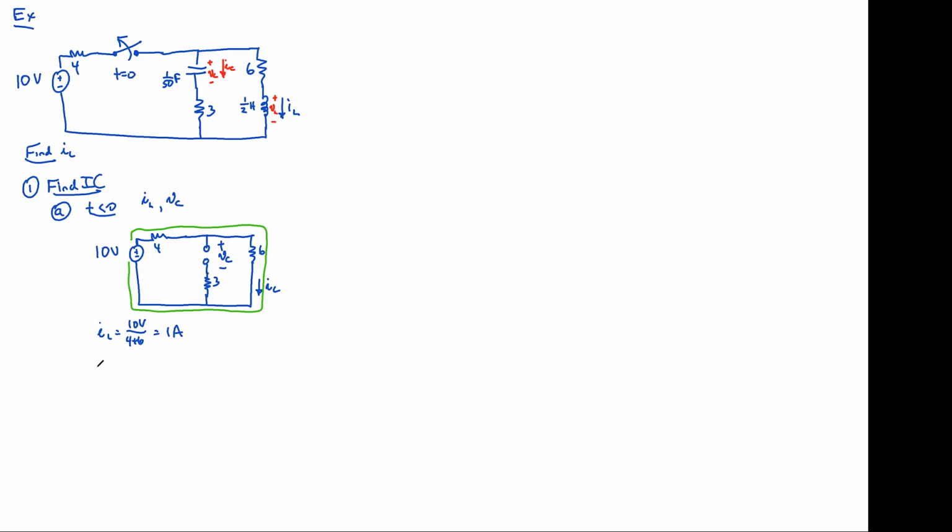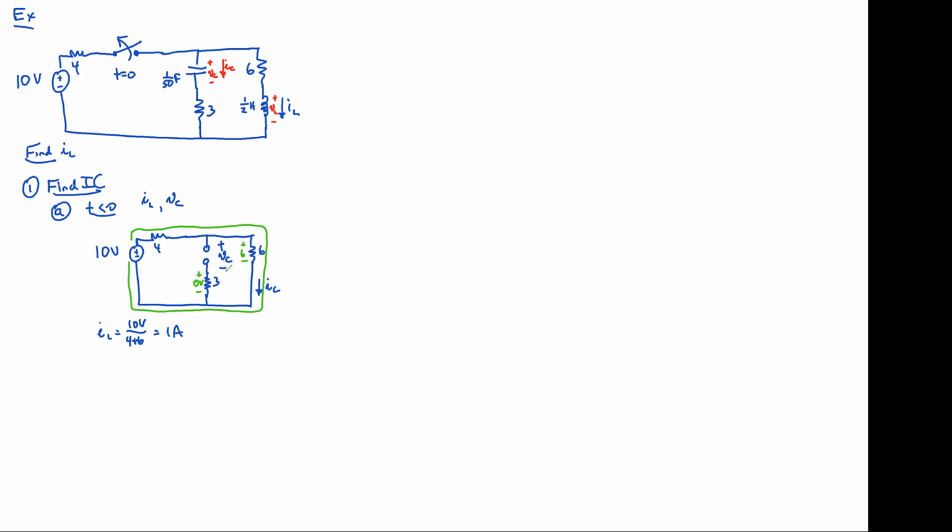Can we add any of the voltages? How much voltage is across the 6 ohm resistor? 6 volts. So if there's 1 amp flowing through it, there's got to be 6 volts across it. How much voltage is across the 3 ohm resistor? 0. Why 0? Because it's an open. Since there's no current that can flow through it, by Ohm's law, there can be no voltage across it.